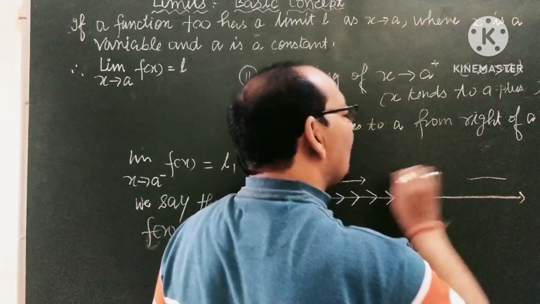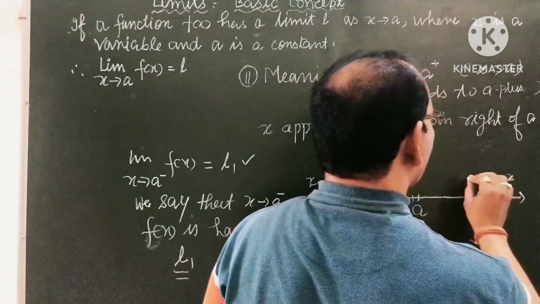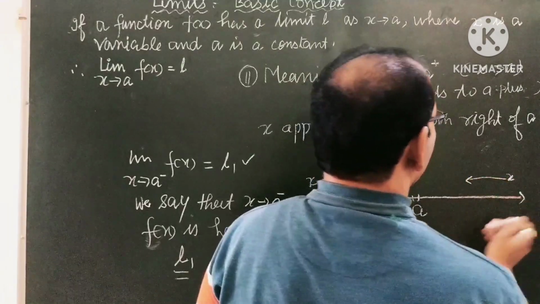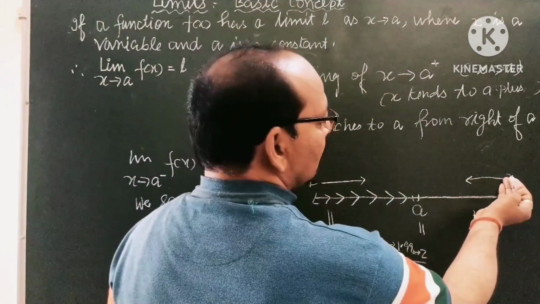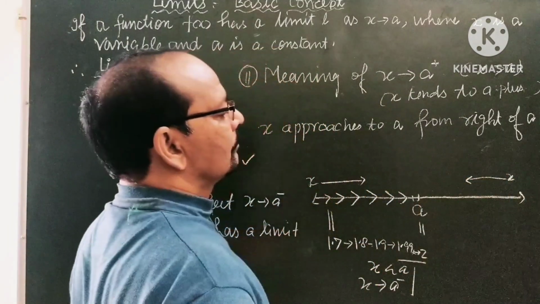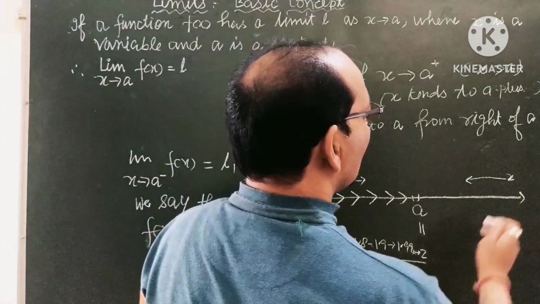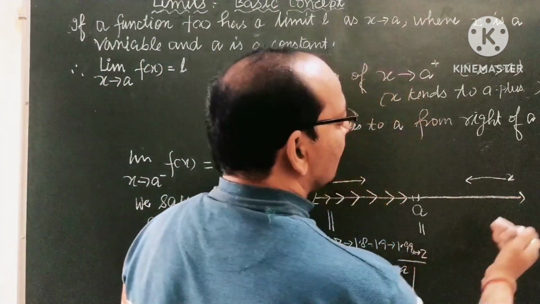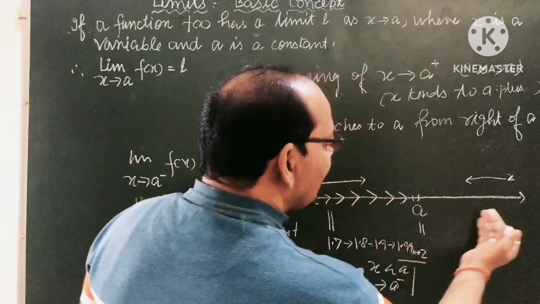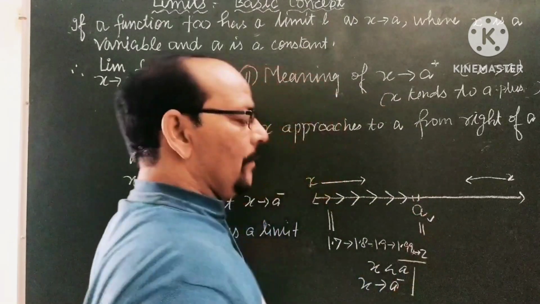On this graph, x is coming from the right side, nearer and nearer to a.